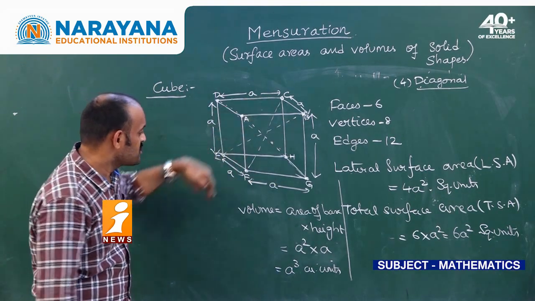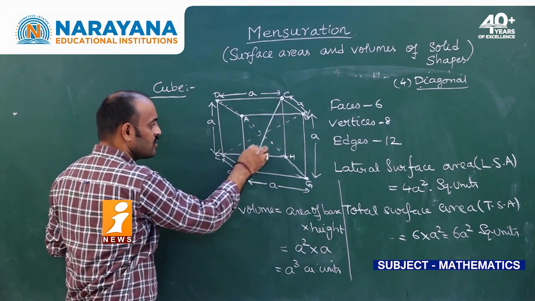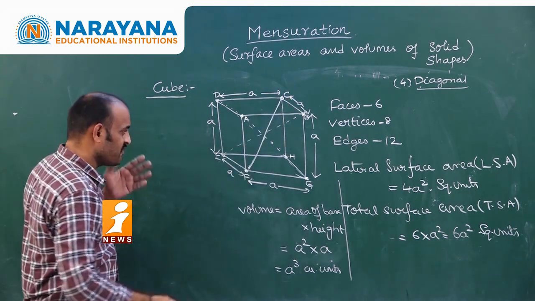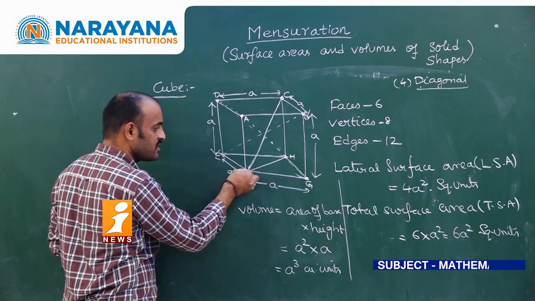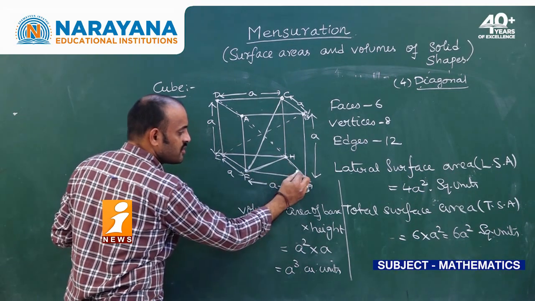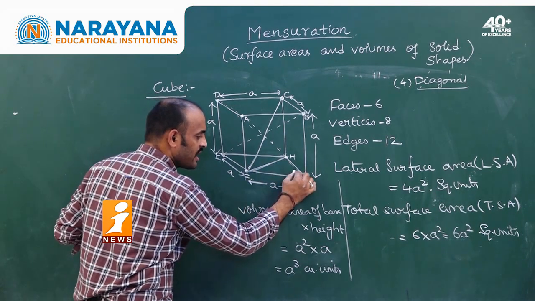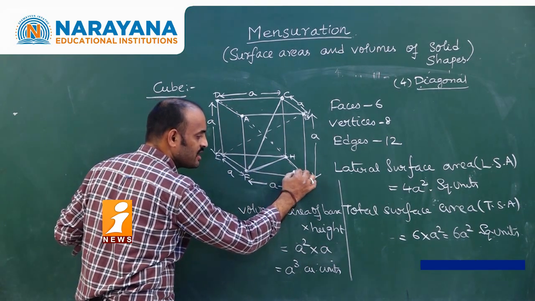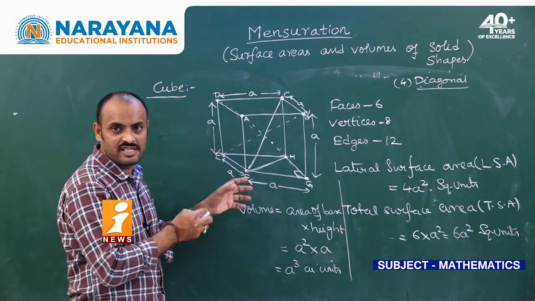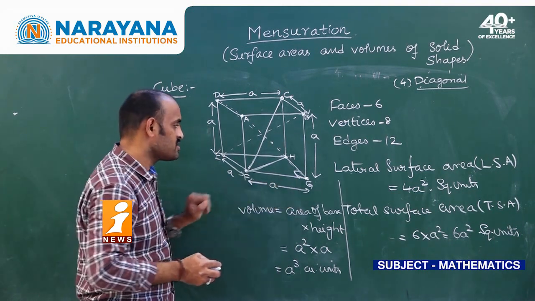How to find this CF length? What I do is, I will find the FH length first. We know that as every surface is a square, the angle at every vertex is 90 degrees.